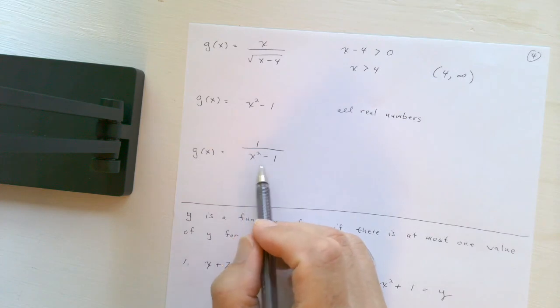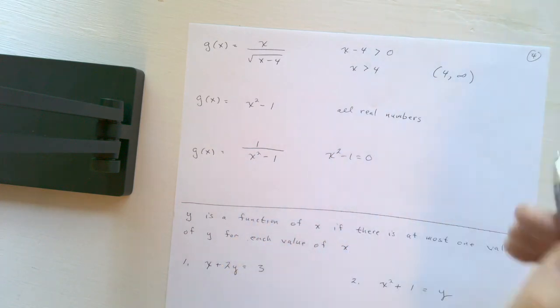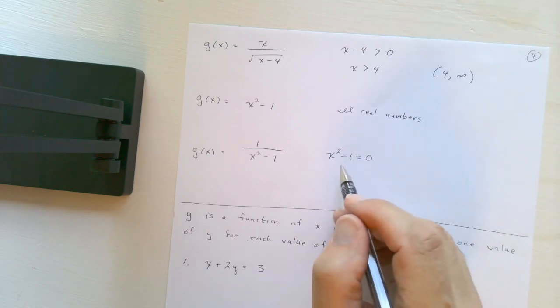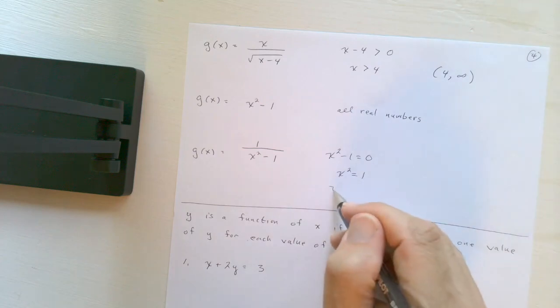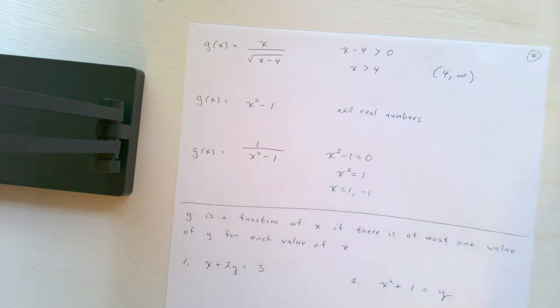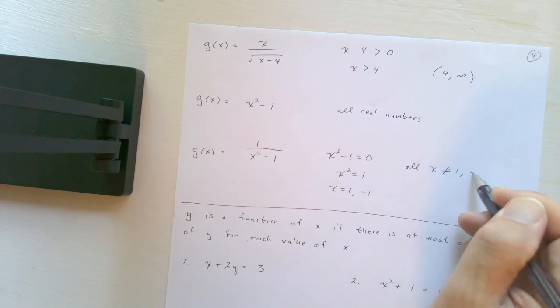What are the possible values where this could be 0? Well, if we set the denominator equal to 0, the easiest way is to say this means x squared equals 1, so x would be either 1 or negative 1. Those are the two numbers that would cause us problems. So the domain would be all x not equal to 1 or negative 1.